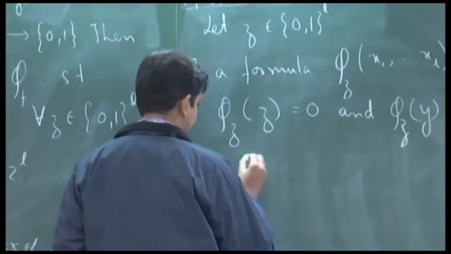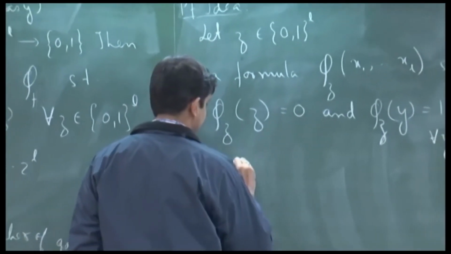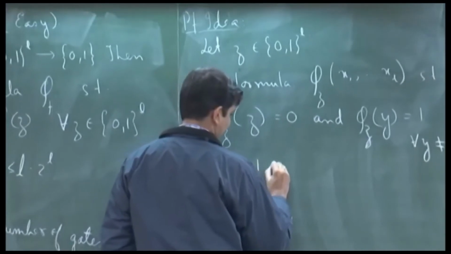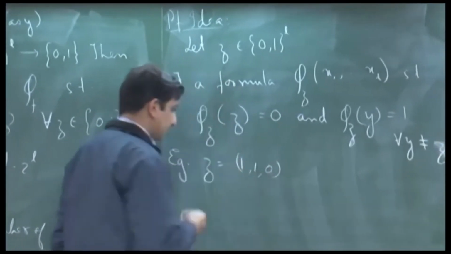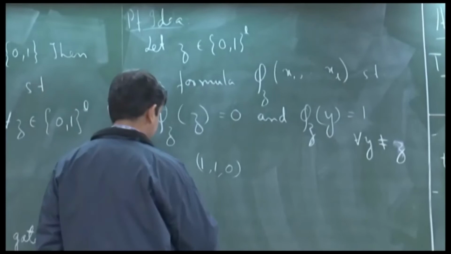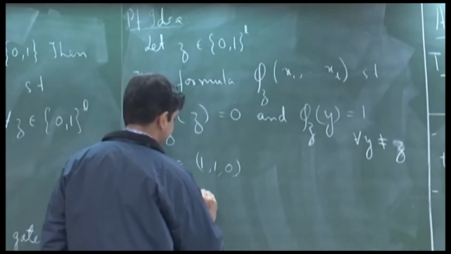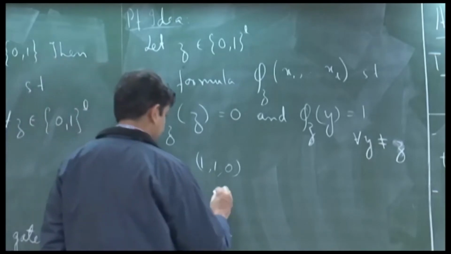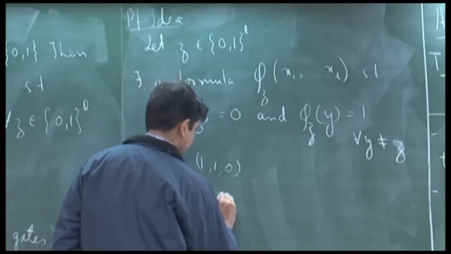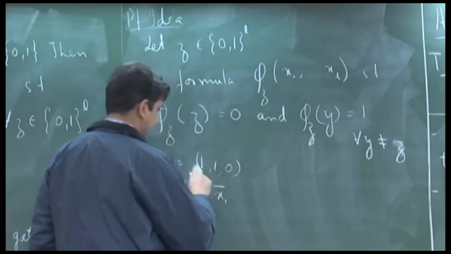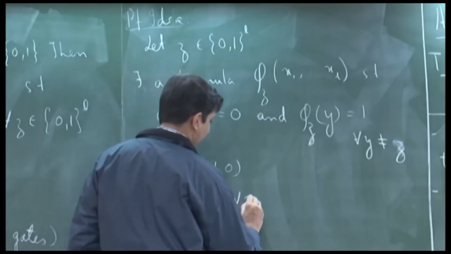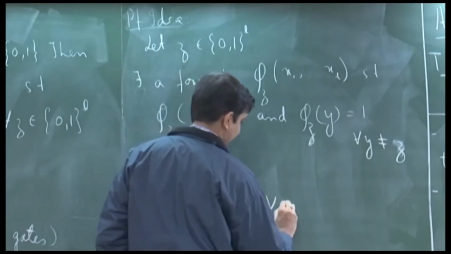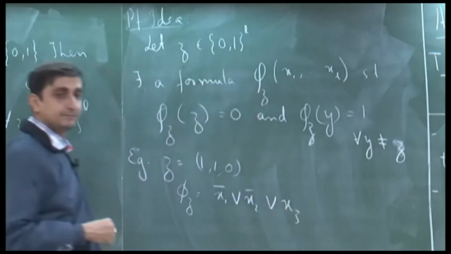Suppose Z is the string 1, 1, 0. Your corresponding phi Z will be the formula x1 bar, because I have a 1 here, OR with x2 bar, OR with x3.